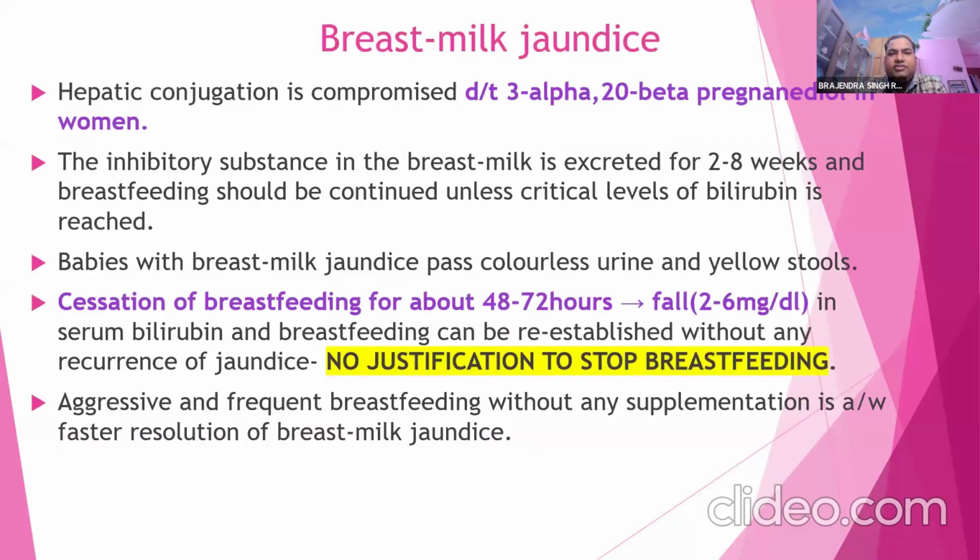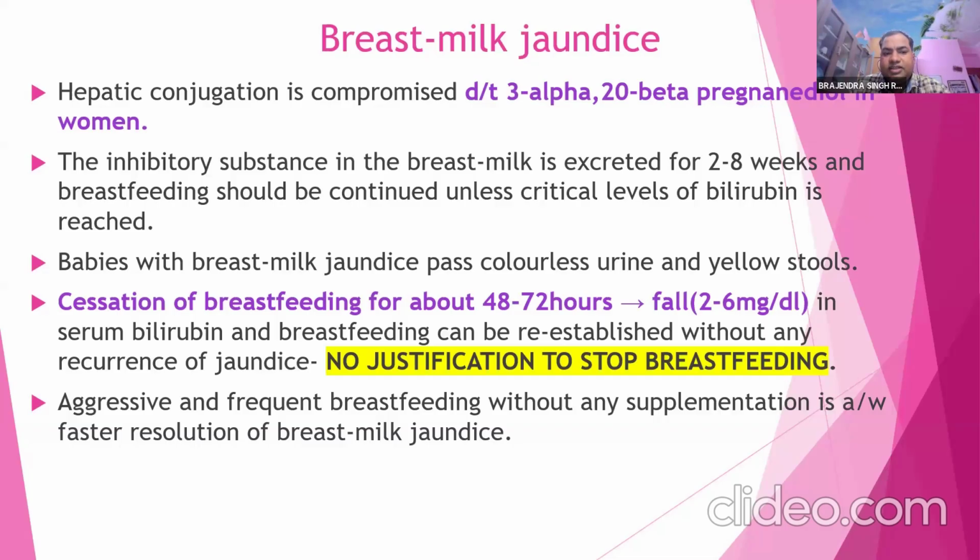Second thing is breast milk jaundice. This is due to hepatic conjugation being compromised by 3 alpha 20 beta pregnenediol in the woman's milk. This inhibitory substance in breast milk is excreted for 2 to 4 weeks, and breastfeeding should be continued unless a critical level of bilirubin is reached. Babies with breast milk jaundice pass colorless urine and yellow stool.